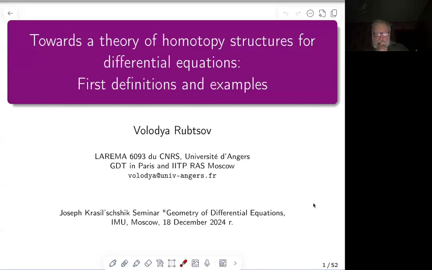So I will try to argue that there is something interesting to apply higher structures in concrete computations related to the geometry of partial differential equations.